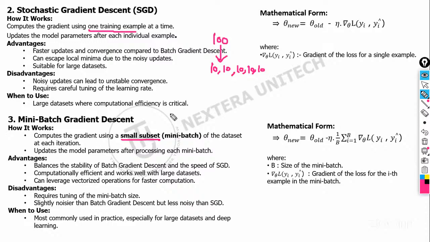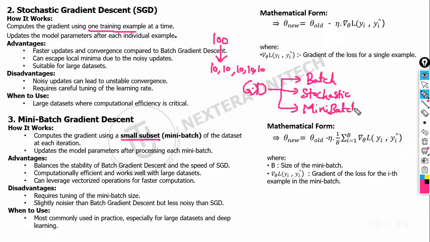Okay, so we have batch, mini batch, and stochastic gradient descent.